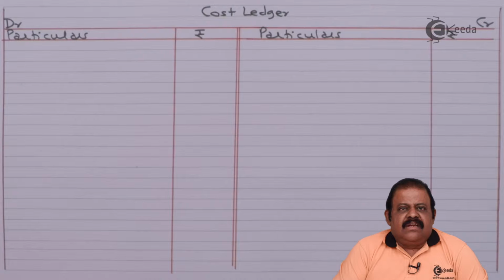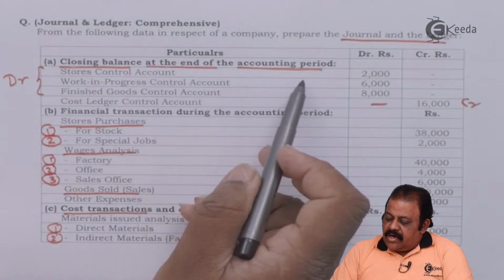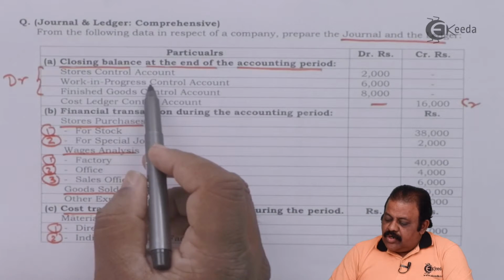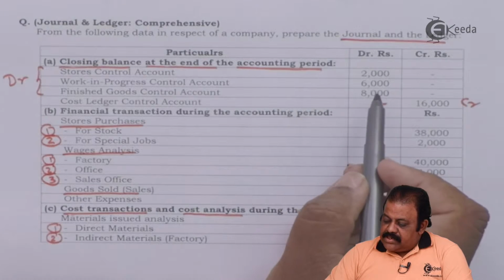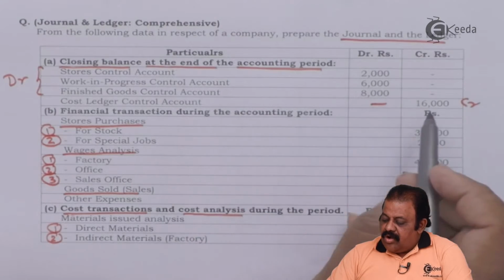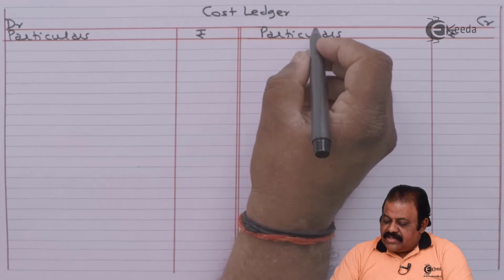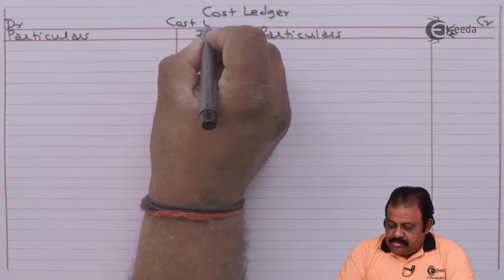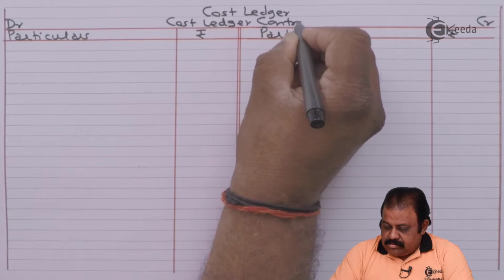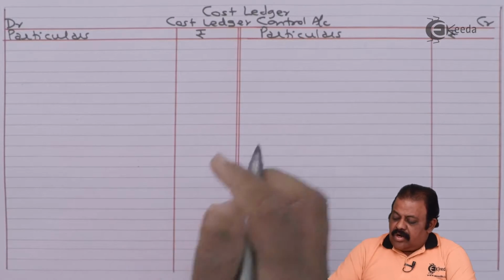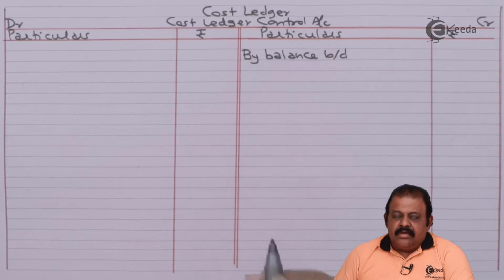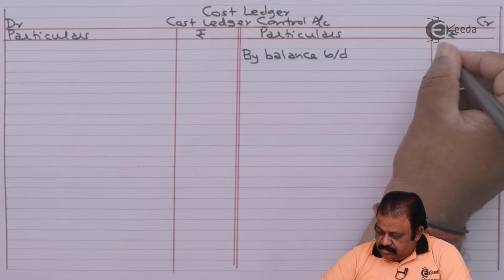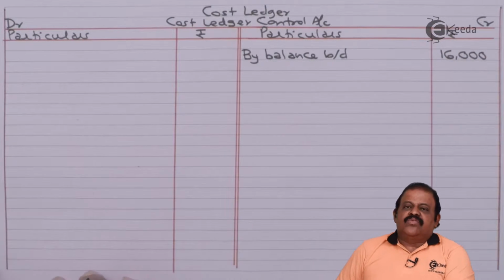We have prepared all necessary ledger accounts. Let us start doing postings. Closing balance at the end of accounting period. Stores control account 2000, work in progress 6000, finished goods 8000, cost ledger 16,000. So in cost ledger control account, credit side, by balance brought down 16,000.